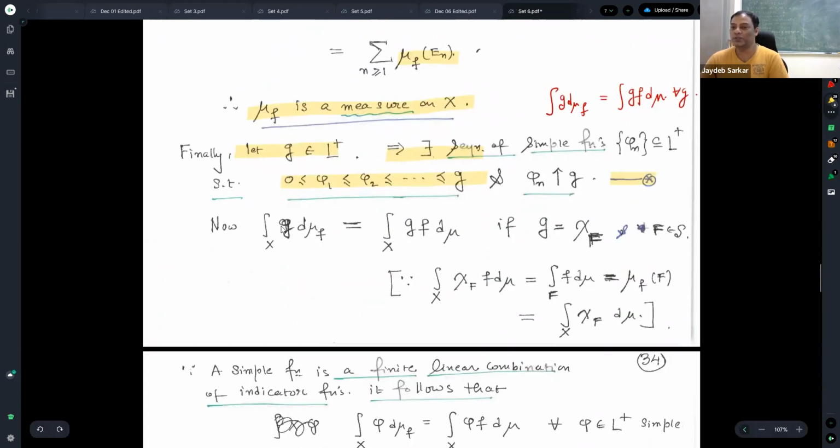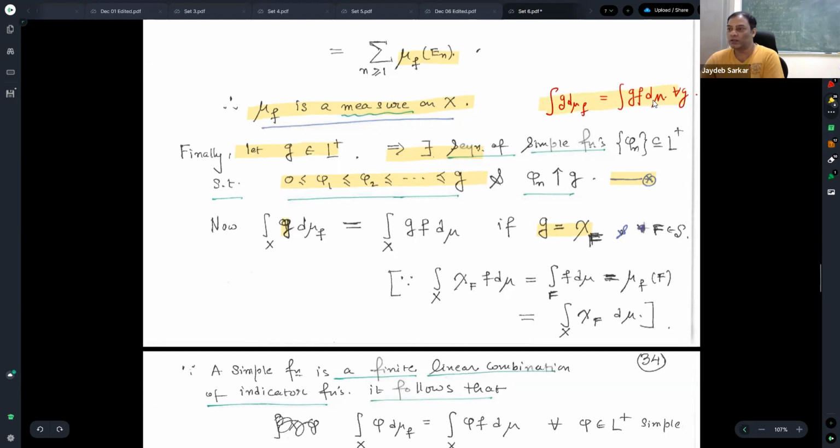Instead of a general g, first you consider g to be an indicator function χ_F, where F is a measurable set. If you take that g as χ_F, then we get the claim. Then we can see this equals this.